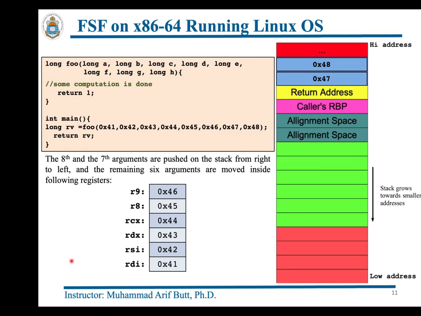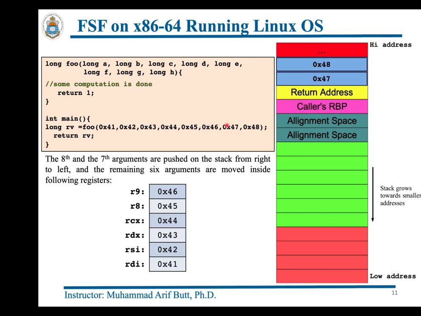And here is a concrete example, a C example. Note that the main function over here in this piece of code is passing 8 arguments to a function named foo over here. From right to left, this hex 48 value is pushed on the stack. This is shown over here.